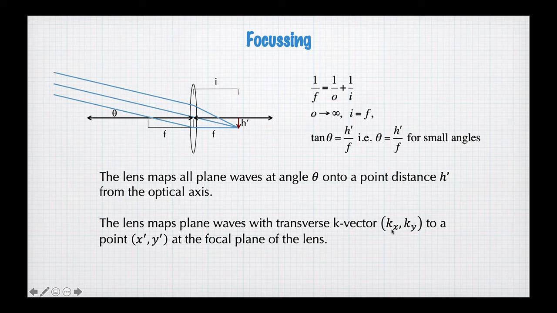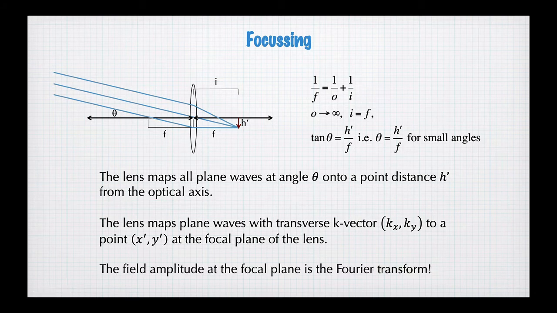Because the transverse k vectors, kx and ky, are linearly related to angles, theta x and theta y, we have a mapping now between the transverse k vectors and points at the focal plane, or the Fourier plane, of the lens. So the field amplitude at the focal plane of the lens is the Fourier transform of the aperture through which the plane wave originally propagated. That's a really useful result.